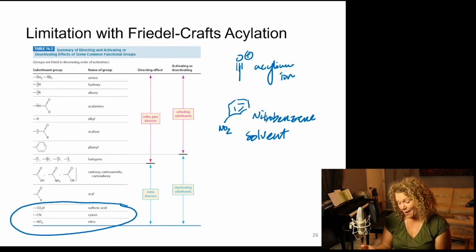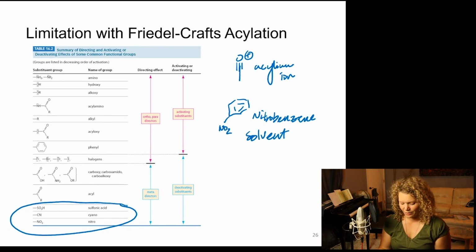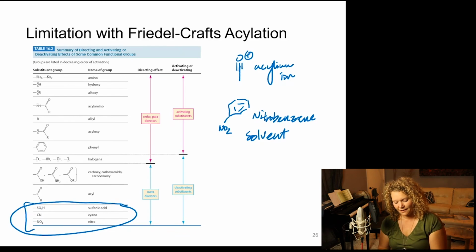So again, it's commonly used as a solvent in these. So just remember that for Friedel-Crafts acylation, although it does solve a lot of the issues we found with alkylations, it requires a more activated arene. The rules of which I would like for you to remember: if any of these three are bound to the aromatic ring, this Friedel-Crafts acylation will proceed very slowly.